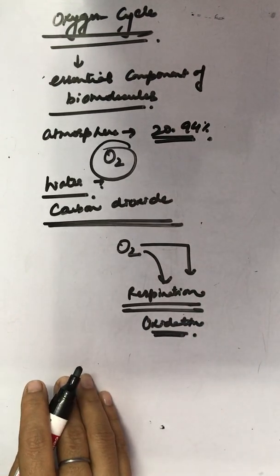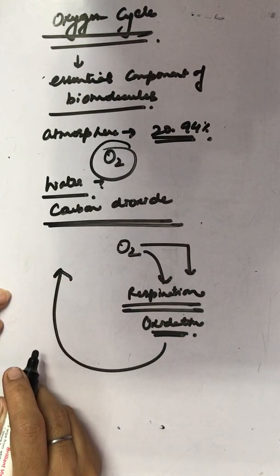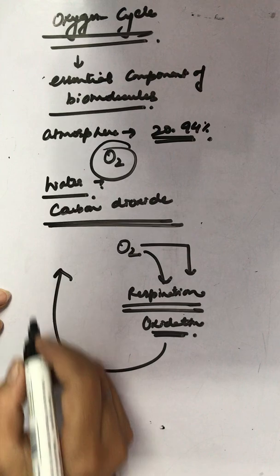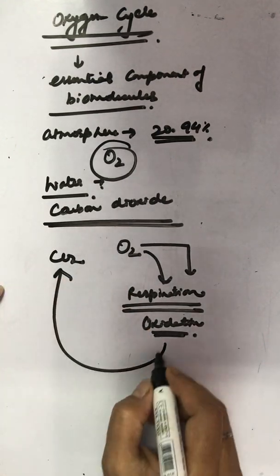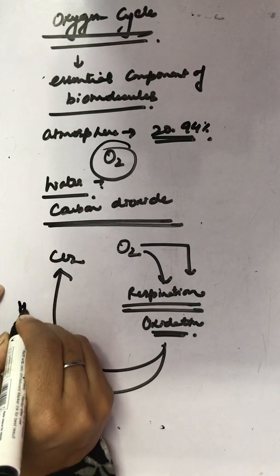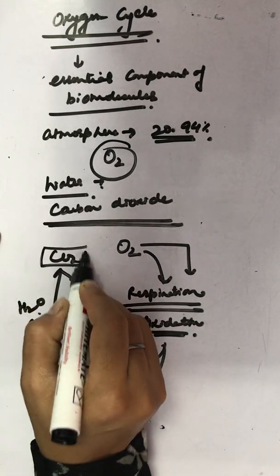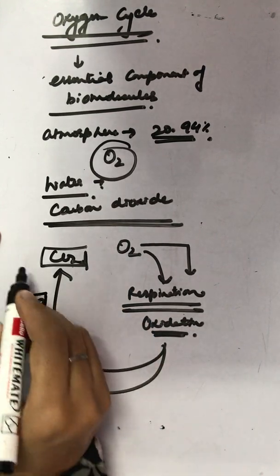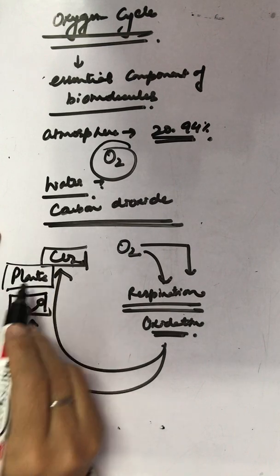Right? Then it is returned to the atmosphere. In which form? It is in combination with carbon as carbon dioxide, or with hydrogen. In which form? Water. Then these carbon dioxide and water, what do? These two are used up by plants. Right? Plants take up both.